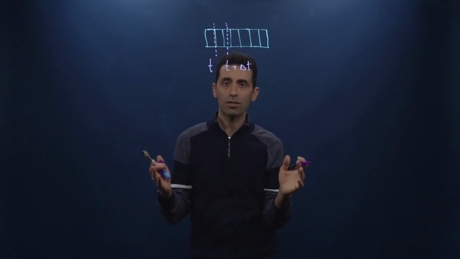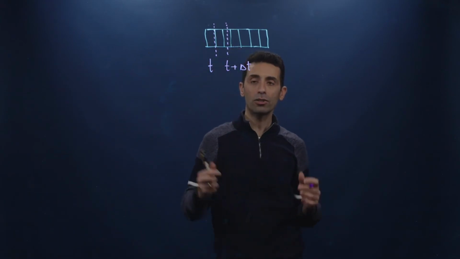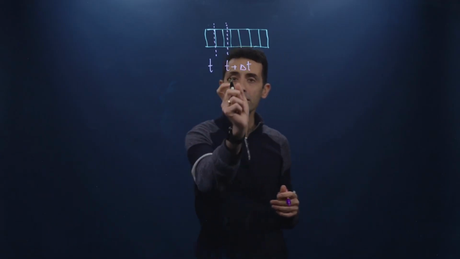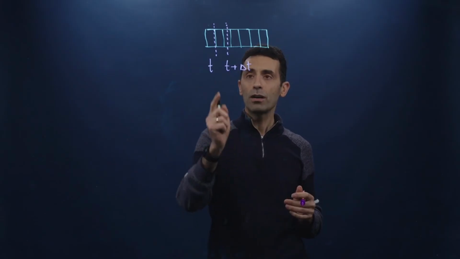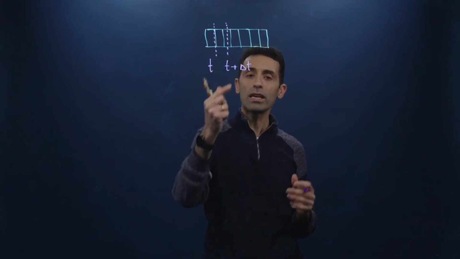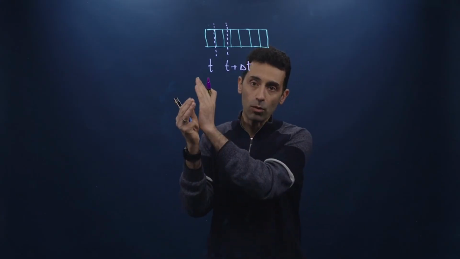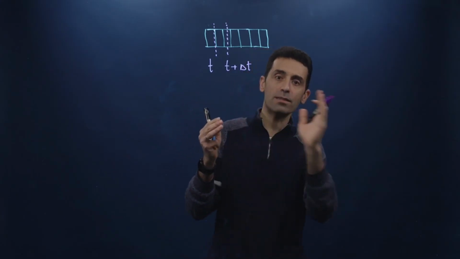If you use an explicit solver and delta t is this large, this simulation will fail. Why? Because the delta t is too large for the element to realize that there was a dilatational wave that arrived at the element and passed through the element.